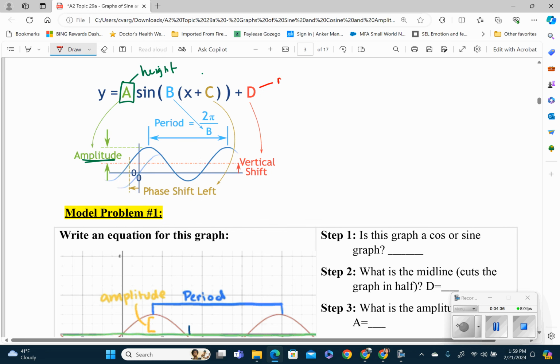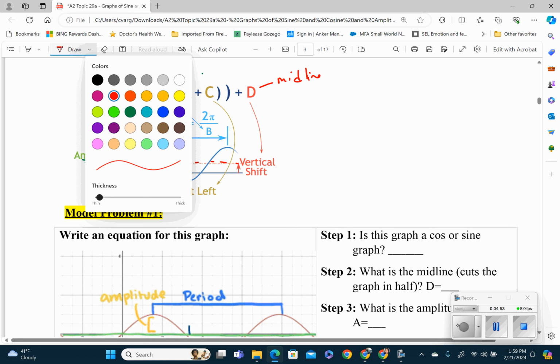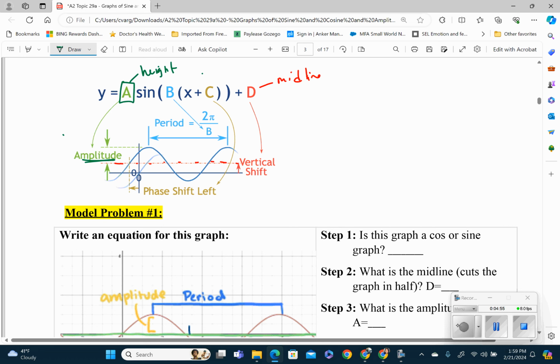So this right here is my midline. It's where I have my graph and it cuts it in half. So from my midline, we're going to do an actual problem in a second, up is going to be my amplitude. So if I were to color code this, this is my amplitude, A.